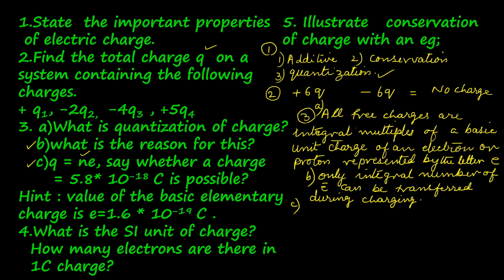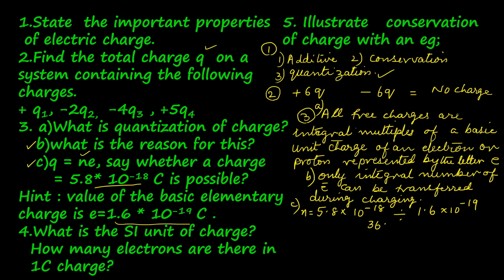Using the formula, we can find out the number of charges in 5.8 into 10 raised to minus 18 Coulomb. n is equal to q by e, that is equal to 5.8 into 10 raised to minus 18 divided by 1.6 into 10 raised to minus 19.